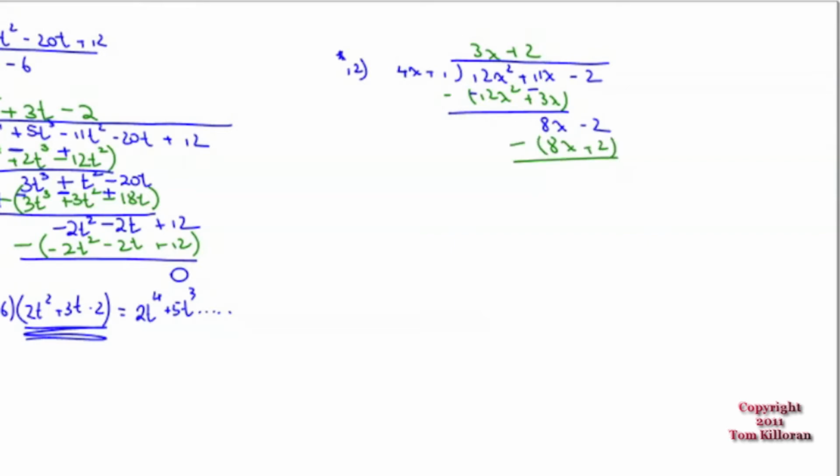A lot of people are looking here and going, oh, that's 0. But you forgot to change the signs. This becomes negative, this becomes negative, and the 8x's will disappear, and negative 2 minus 2 is negative 4. And your final answer should be 3x plus 2. Put the minus sign here, make it a fraction, put a 4 up top.